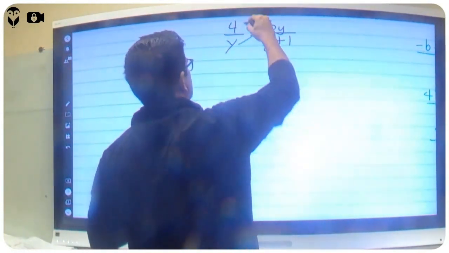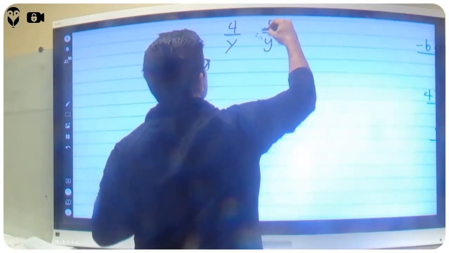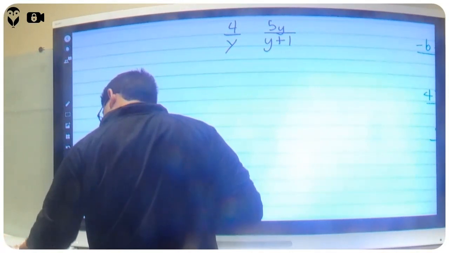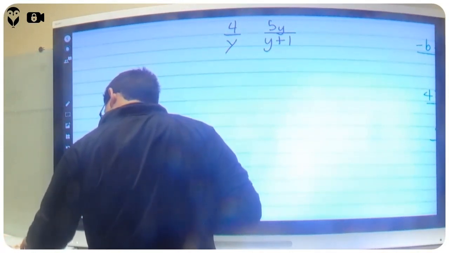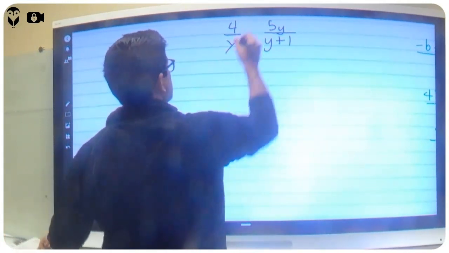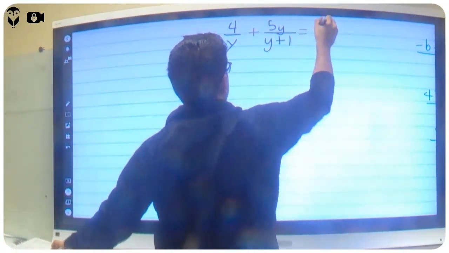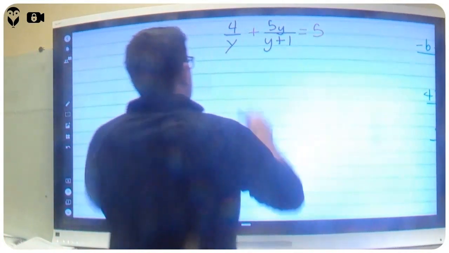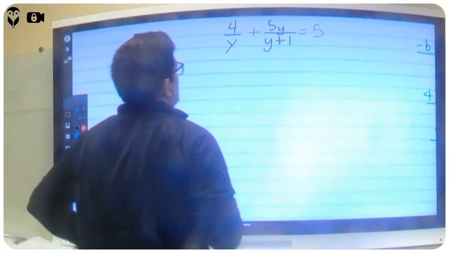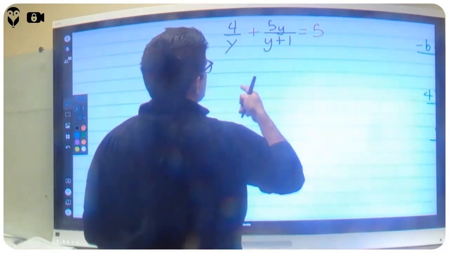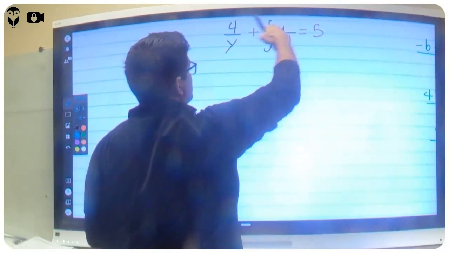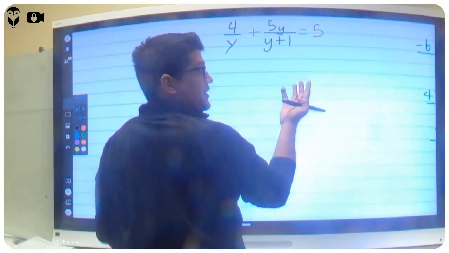So this problem was this, plus this equals 5. Okay, so here we are going to multiply this. So the denominator is not the same. It has to be the same before you can add the top.